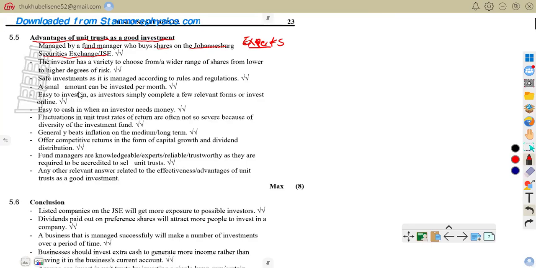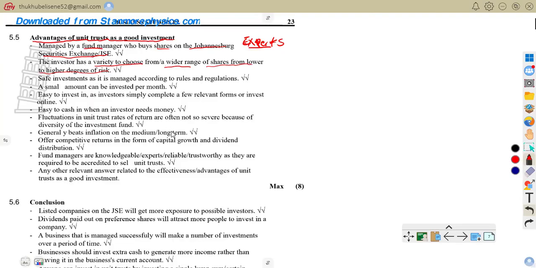Also, the investor has a variety to choose from, a wider range of shares from lower to higher degrees of risk. So the investor can choose from different what?